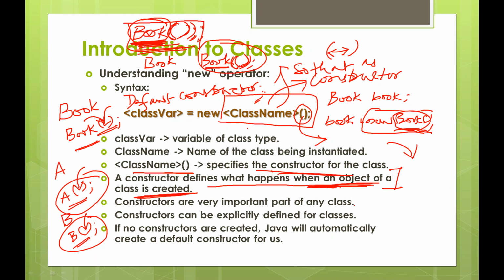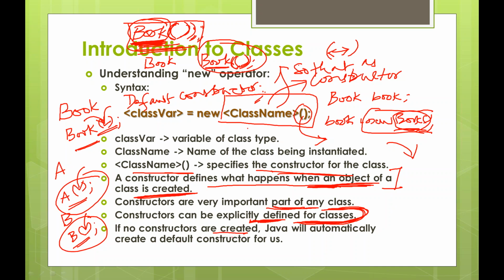For any class, constructors are very important. We can have Java define our constructors, but Java can define only the default constructor for us, or we can explicitly define constructors as per our requirements.